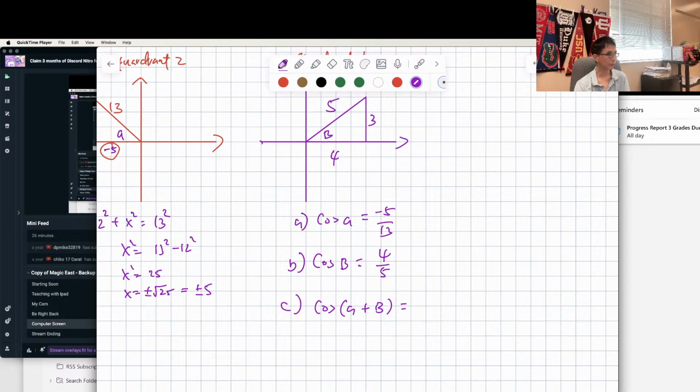It's cosine A cosine B, and then sine A sine B, and this one becomes minus.